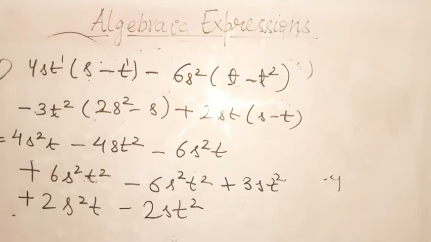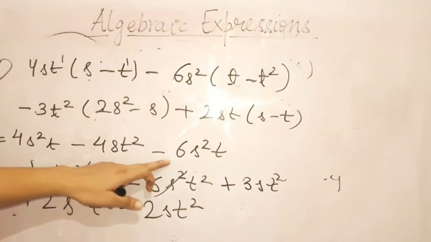So 6s²t² minus 6s²t² will be cancelled. Now as you can see, 4s²t, this is 2s²t plus 2s²t, and this is minus 6s²t.